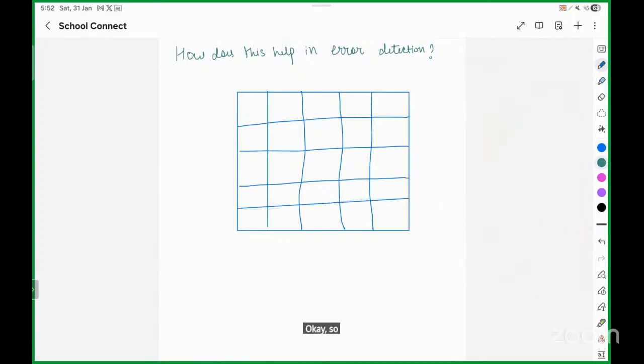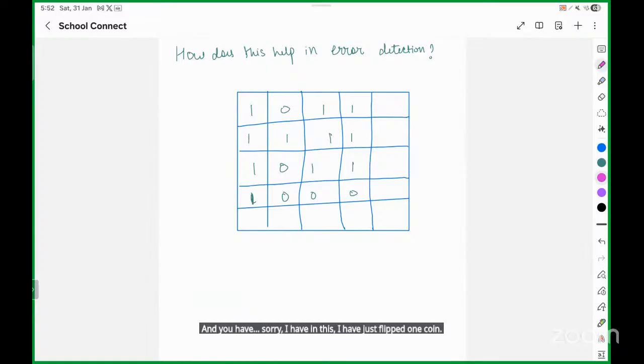Okay. So initially I have set it up like this, and I have just flipped one coin here, and you have to tell me which one was the flipped coin. Yes. Okay.